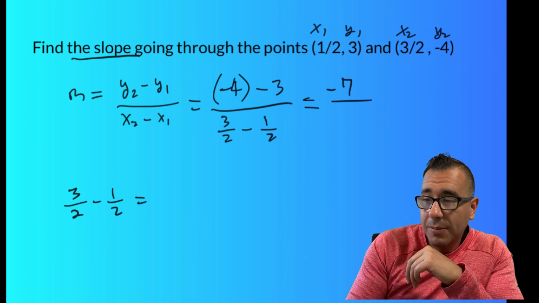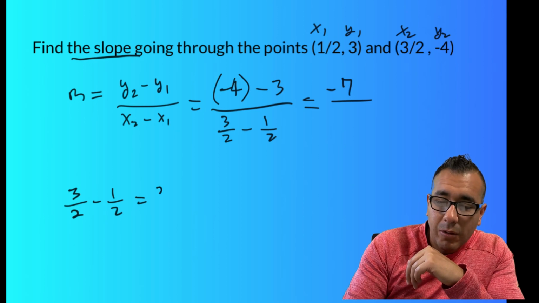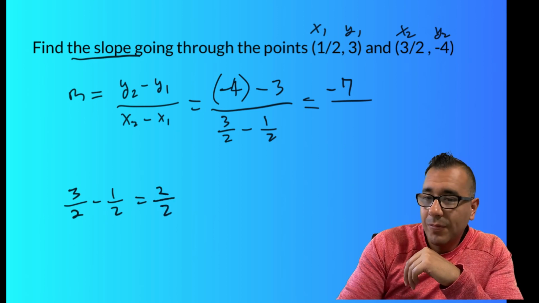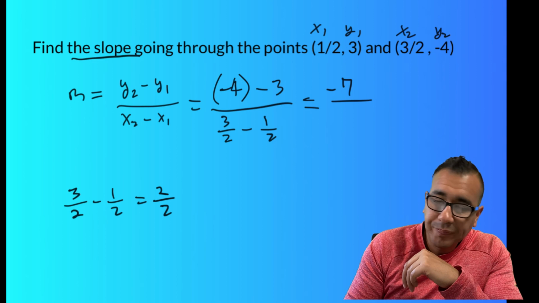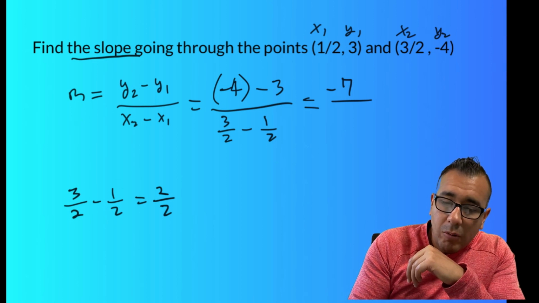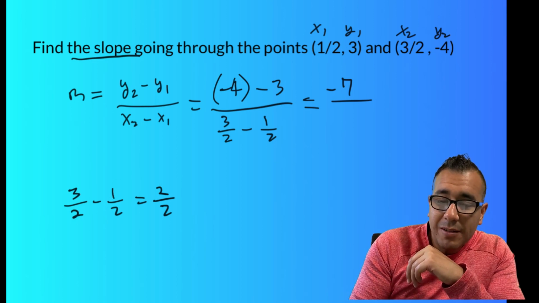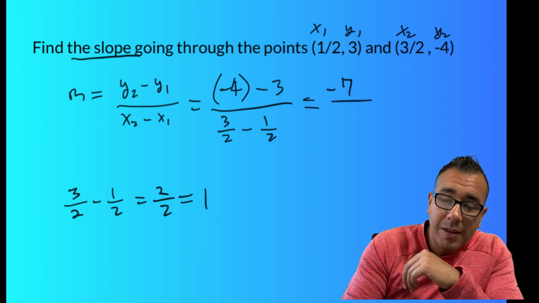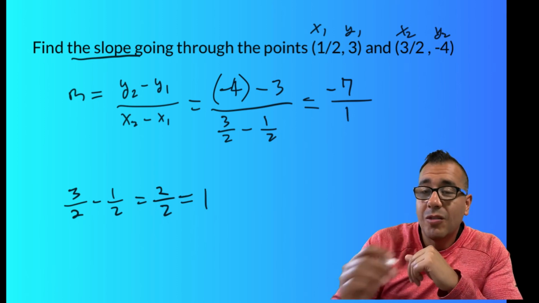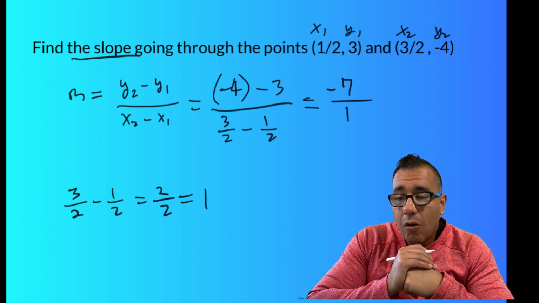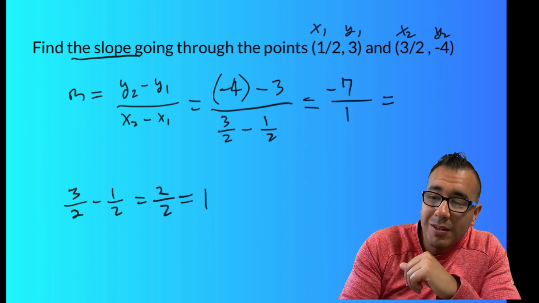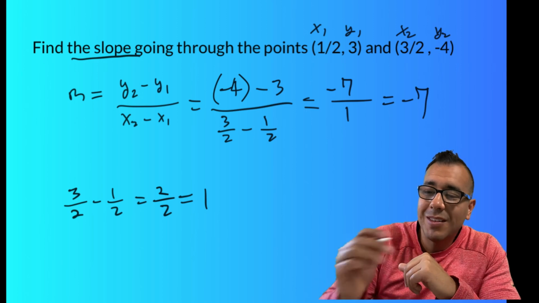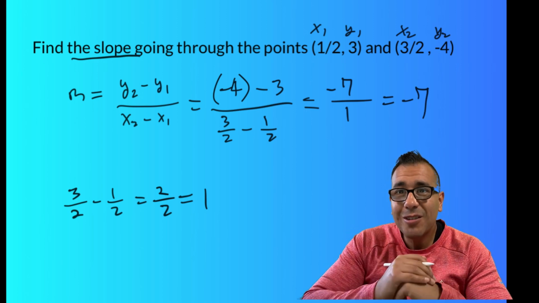If not, you make them the same, right? So we're left with 2 divided by 2. So again, just a little heads up. All we do is subtract the numerators because the denominator is the same, so we leave it the same. So 2 divided by 2, that's the same thing as 1. So our slope is negative 7 over 1. And if you want, you could simplify that to be just negative 7. So there's your slope, folks.